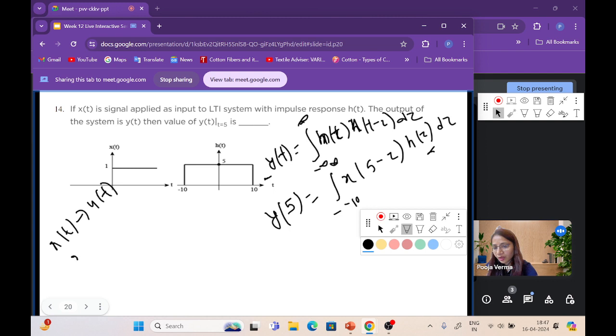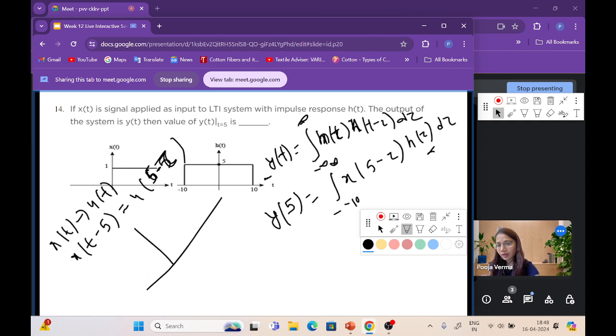Then h of t minus tau, what will be the u of t minus tau, sorry, 5 minus tau. It will start from 5, right?